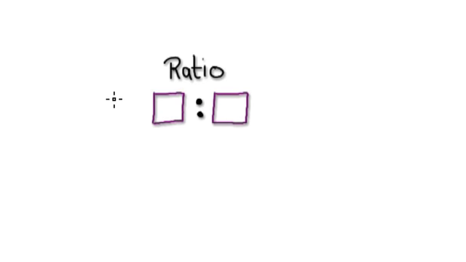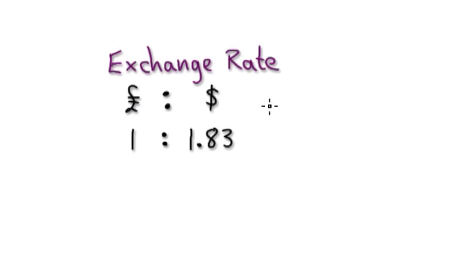Well, in real life, you can map lots of different situations into ratios. For example, if you go into a bank and you want to exchange money, let's say you want to exchange from British pounds into US dollars.